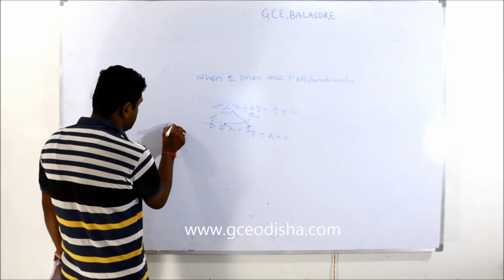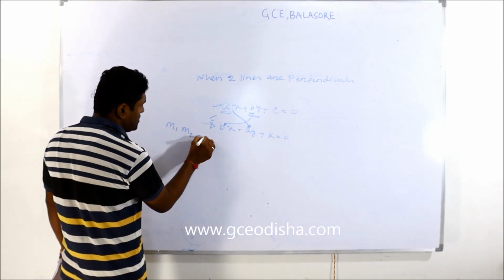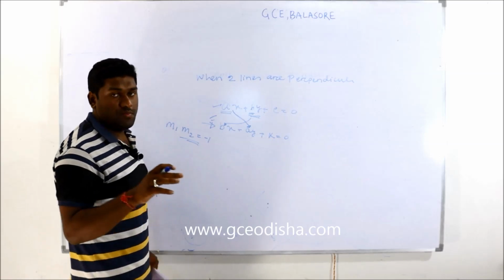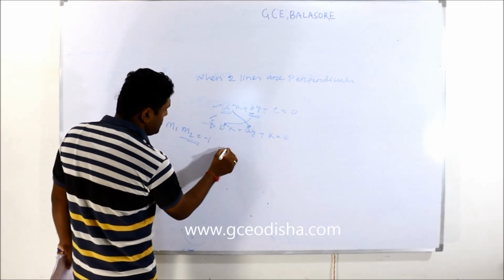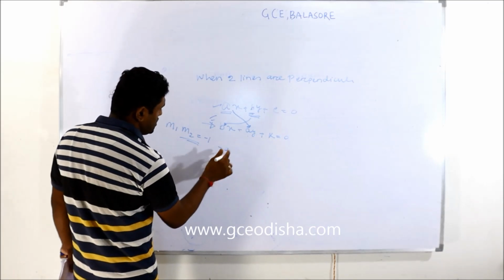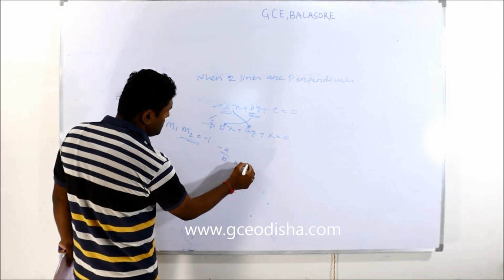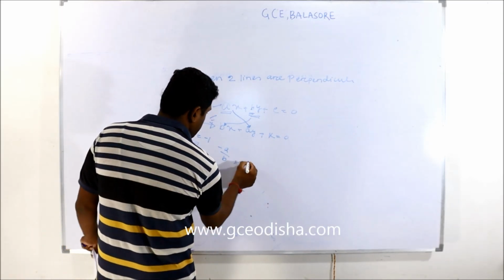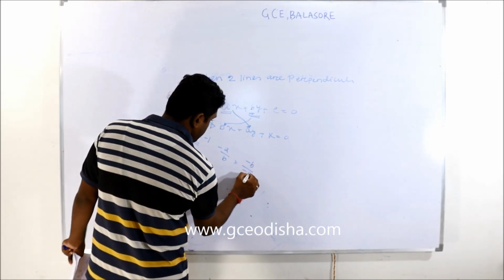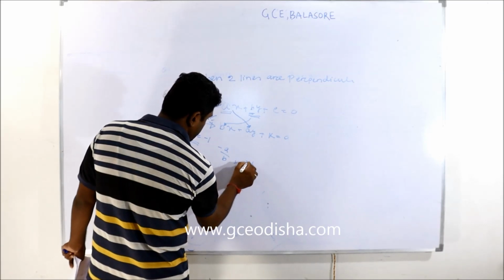As we know, the slopes of two lines when multiplied come to -1 when both lines are perpendicular, right? The slope of line 1 is minus a by b. The slope of line 2 is minus b by minus a... no, b by minus a.